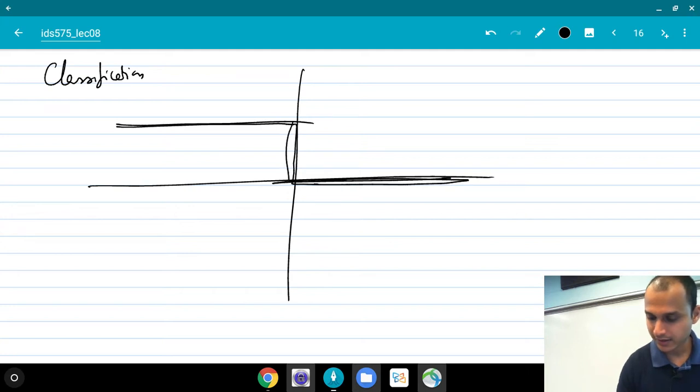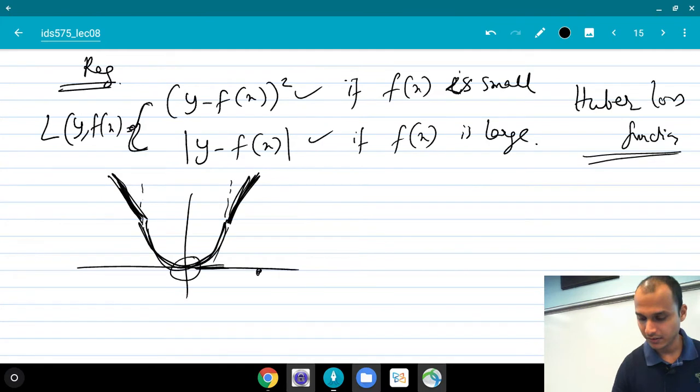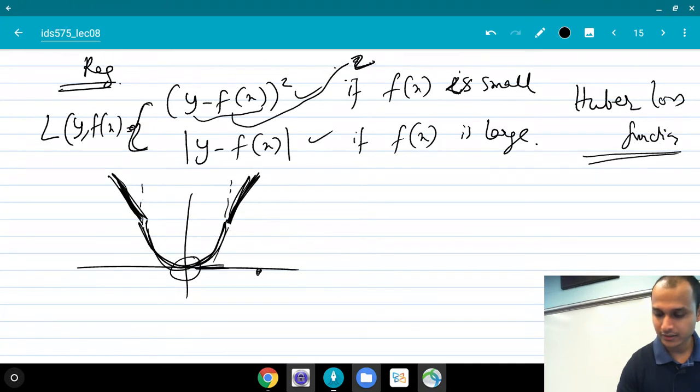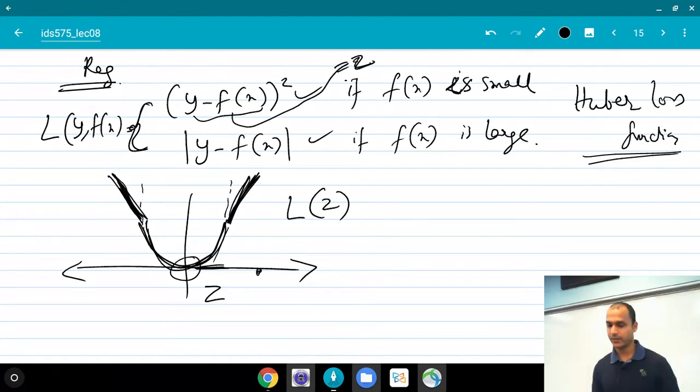What am I plotting on the x-axis? Here also, what am I plotting on the x-axis? Let's call y minus f of x, z. So I'm plotting z on the x-axis, and the loss of z on the y-axis.